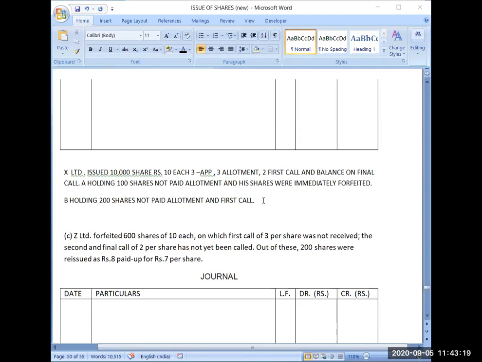First, you send me the entry for A only. Holding shares, not paid, paid only application.